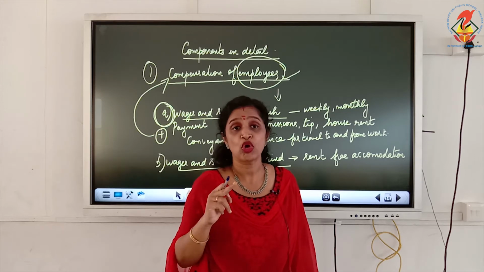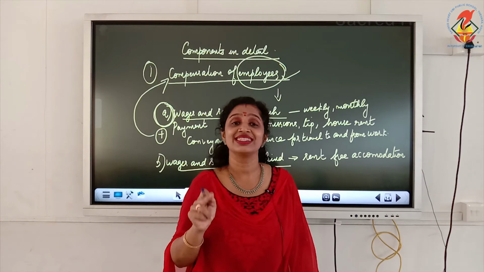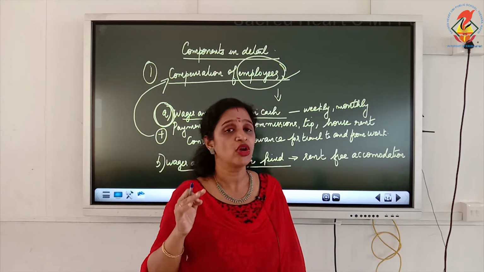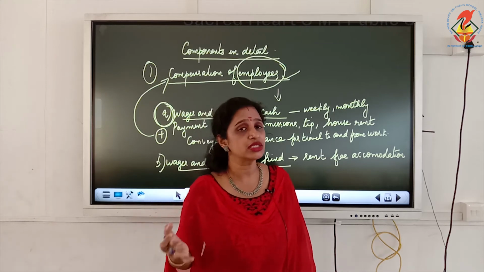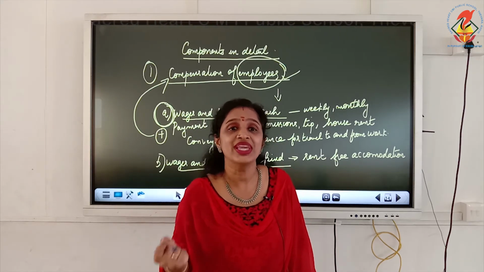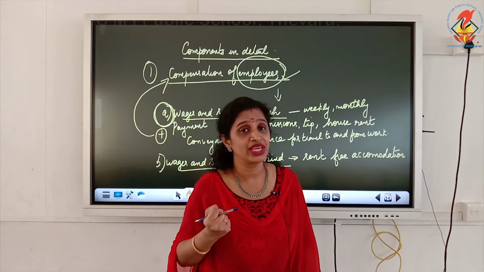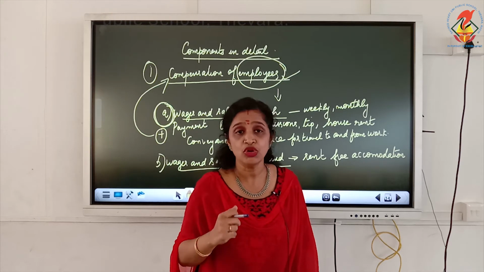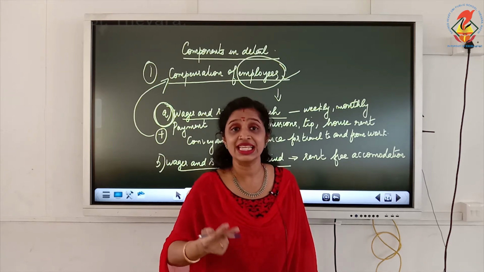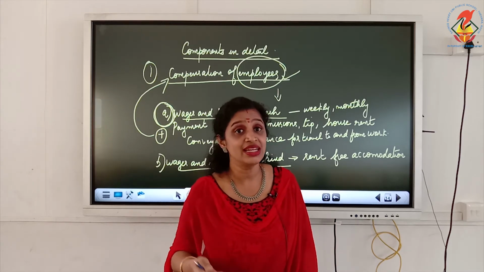This is a very important point to be noted. Compensation of employees means all kinds of remuneration which is received by an employee from a firm. An employee will receive two kinds of compensation: wages and salaries in cash, and wages and salaries in kind.